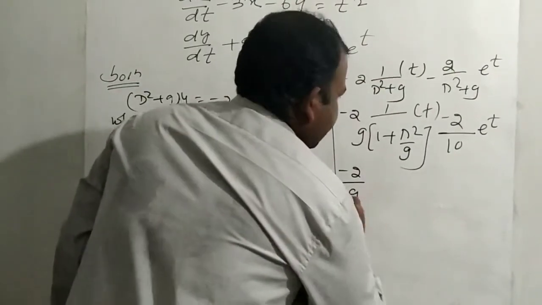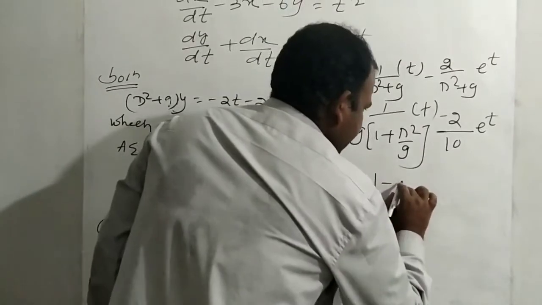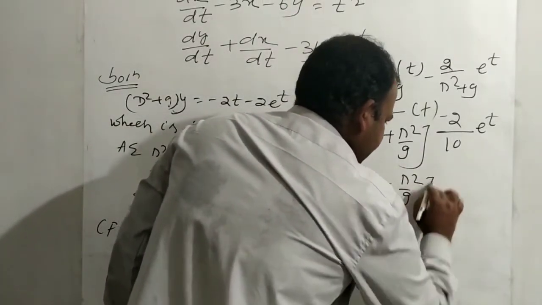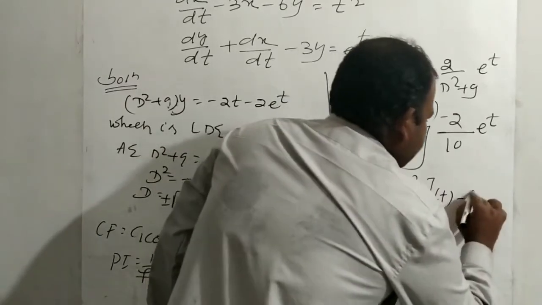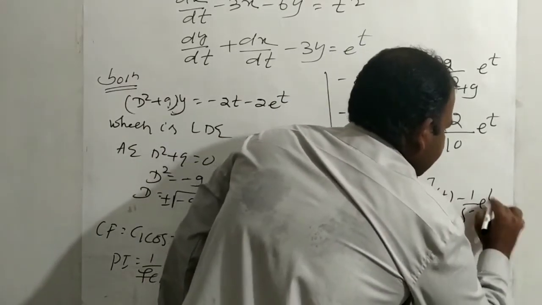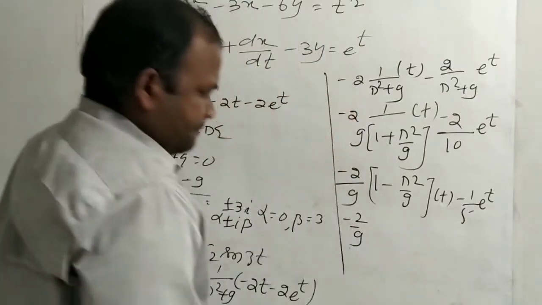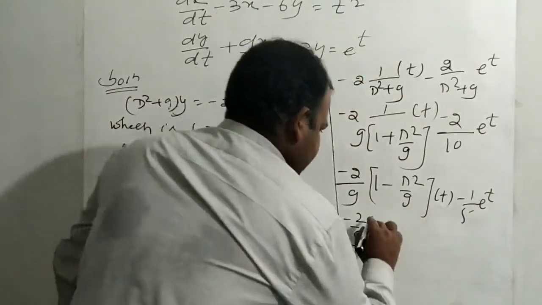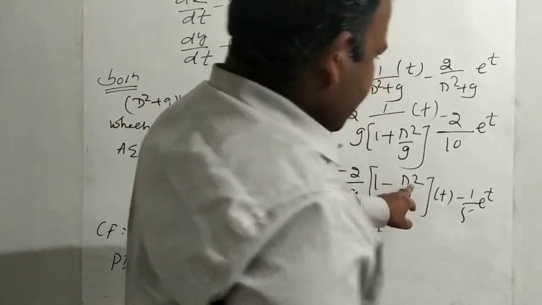2 by 9, this is 1 upon 1 plus x. So this is 1 minus d square by 9 into t. This is minus 1 by 5 e raised to t. So this is minus 2 by 9 t. So this is t, and the d square means what?